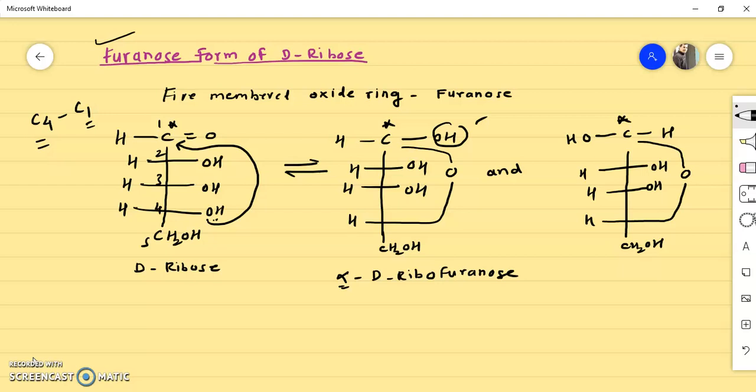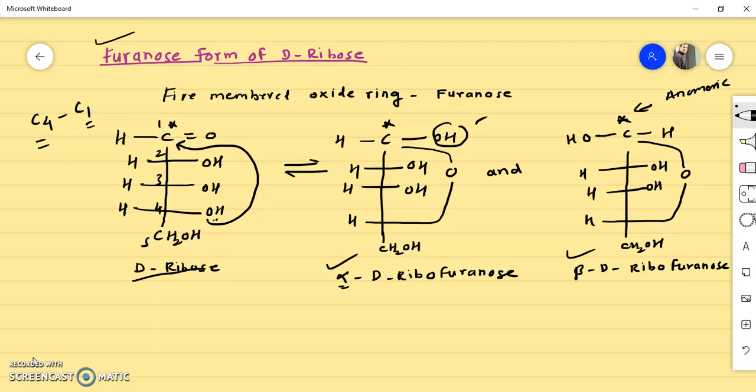So this is an anomeric carbon. Remember why it is called an anomeric carbon: because it is attached to 4 different groups and it will give 2 anomers, that is the alpha anomer, and this is the beta D ribofuranose. So in this way from D-ribose we can draw its alpha D ribofuranose and beta D ribofuranose forms.